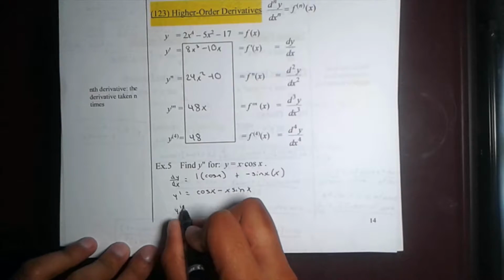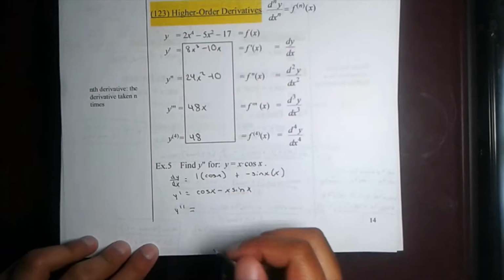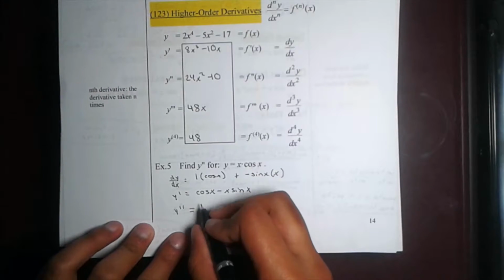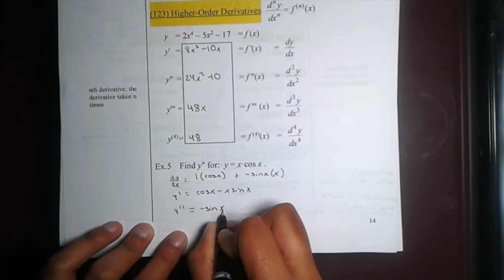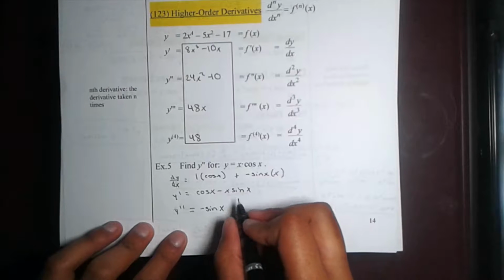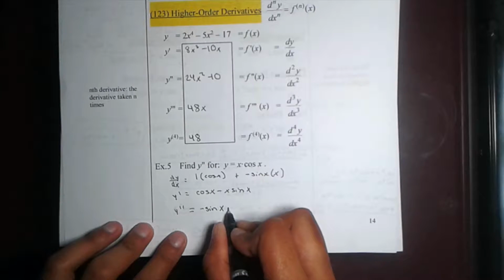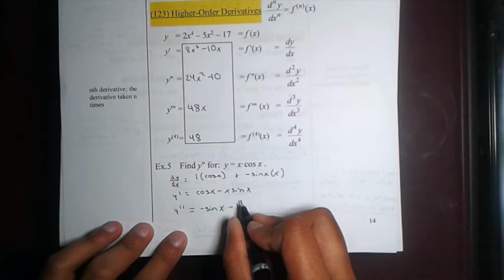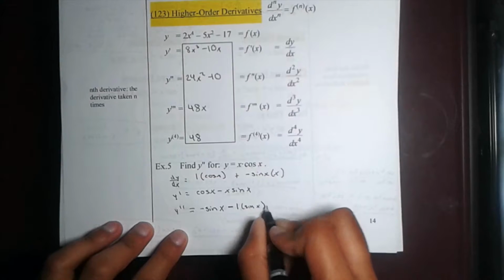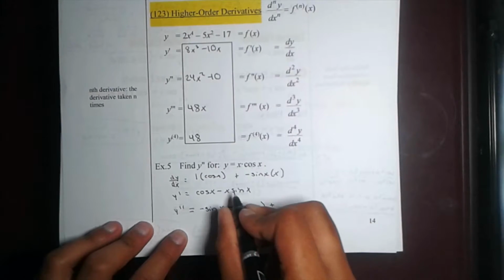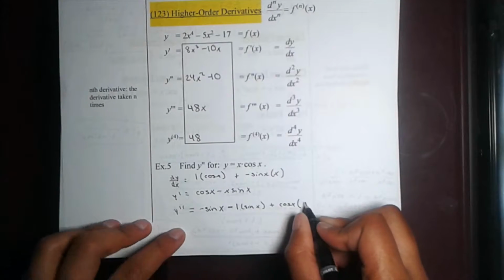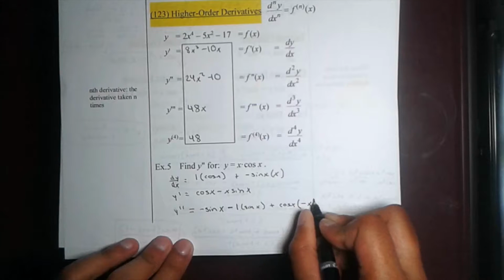So for your second derivative, you derive it again. The derivative of cosine x is negative sine x. Product rule for this one, the second part. So minus 1 times the second, plus the derivative of the second, which is cosine x, times the first, which is negative x.